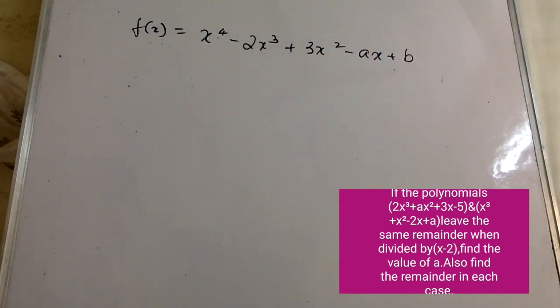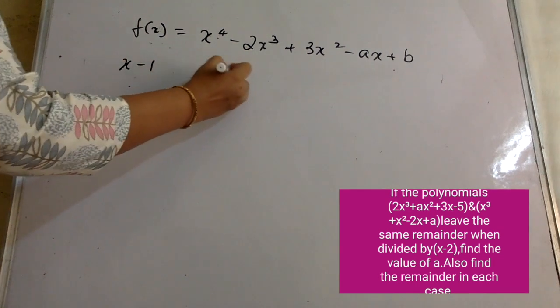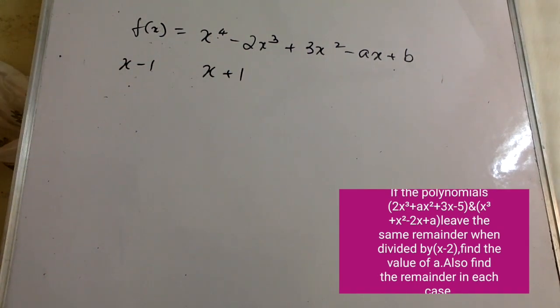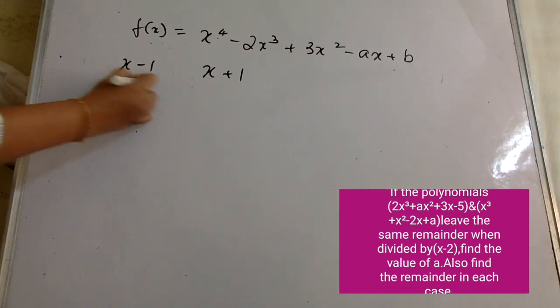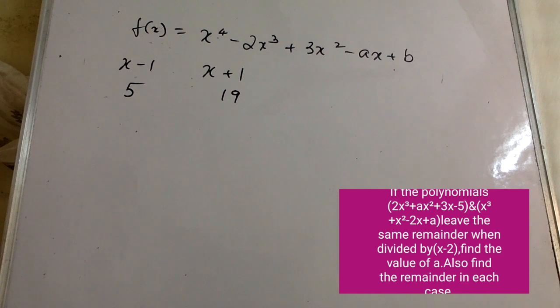Once you divide it with x minus 1 and then you divide it with x plus 1, these are the two divisors clearly, as you can see in the question. And the remainders are 5 and 19 respectively. Please don't mix up the remainders. Find the values of a and b.